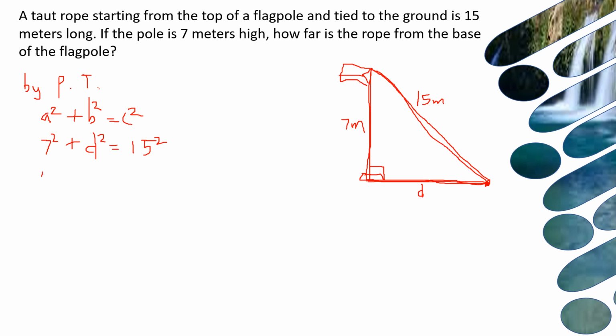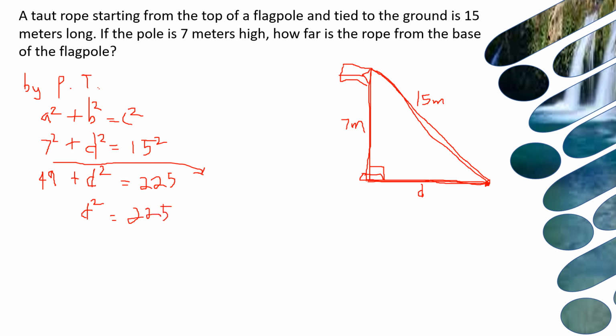But 7 squared is 49 plus d squared equals 15 squared, which is 225. So we have to leave d squared alone by transposing 49 to the other side of the equation.